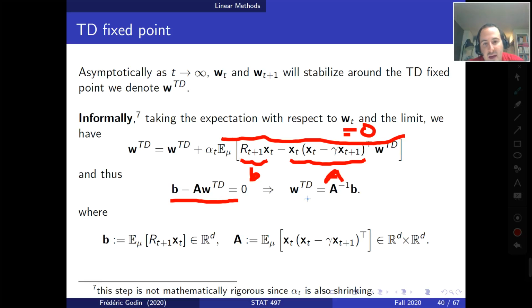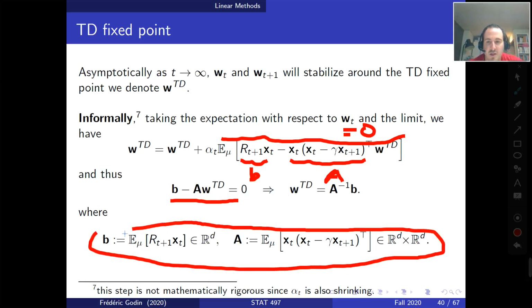How to solve that? The TD fixed point should be A inverse times the vector b, where b and A are provided by these expressions here. Okay, so b is a vector and A is a matrix.